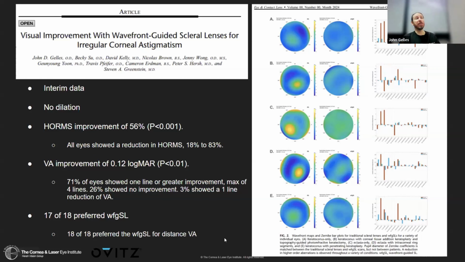Now, of the presbyopic group, and we did this as a post hoc look, about half of these individuals were actually presbyopic. So you're looking at a huge amount of individuals that really preferred the quality of vision overall.